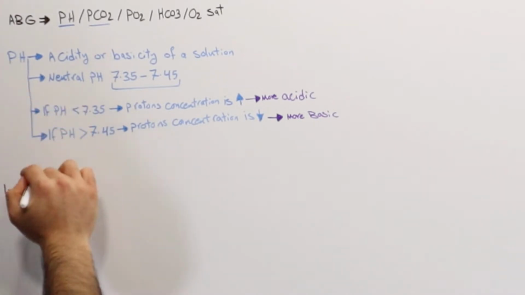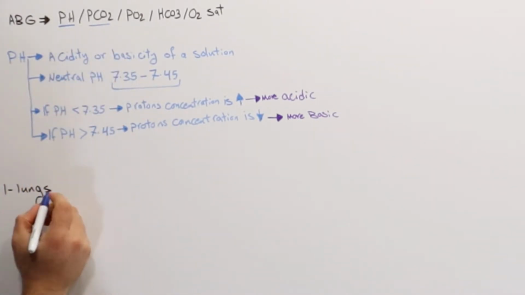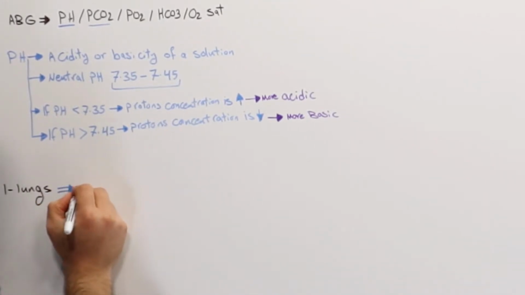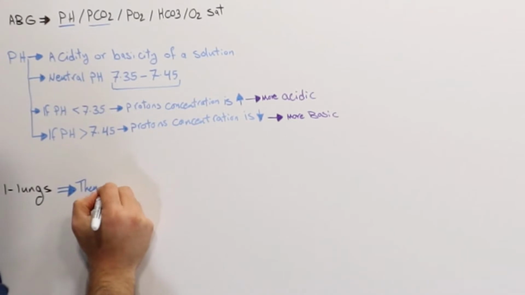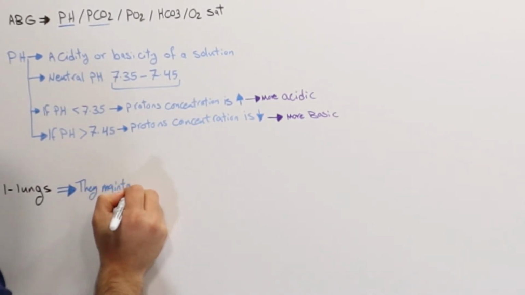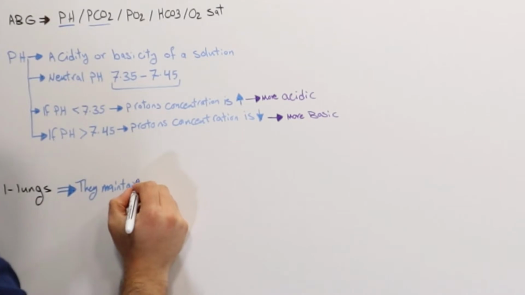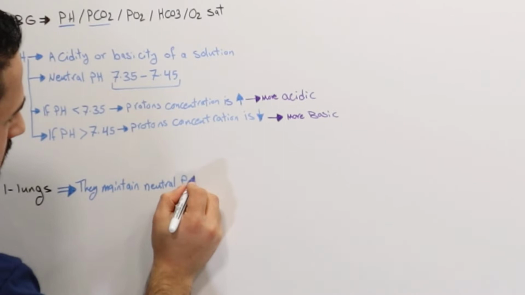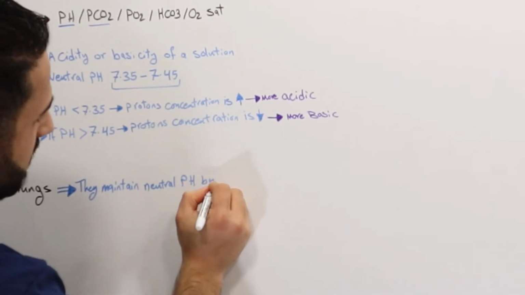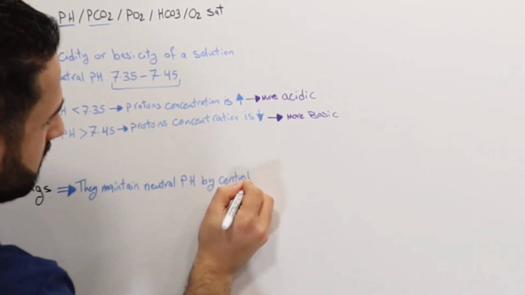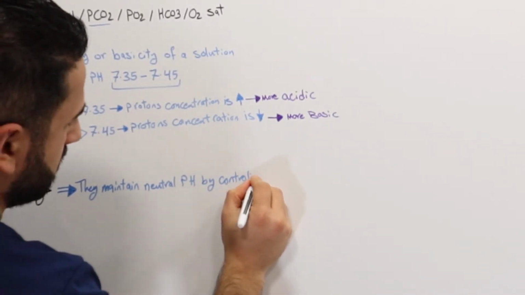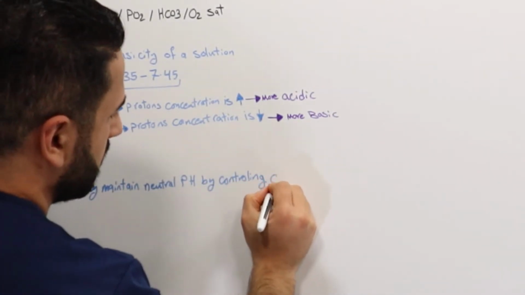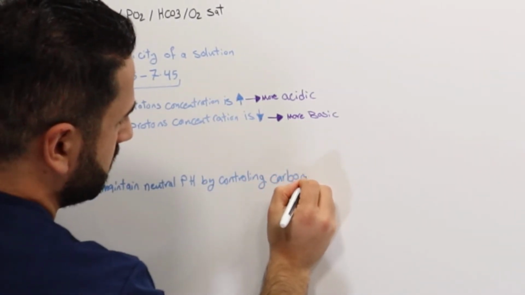How is that related to PCO2? The lungs maintain neutral pH by controlling carbonic acid.